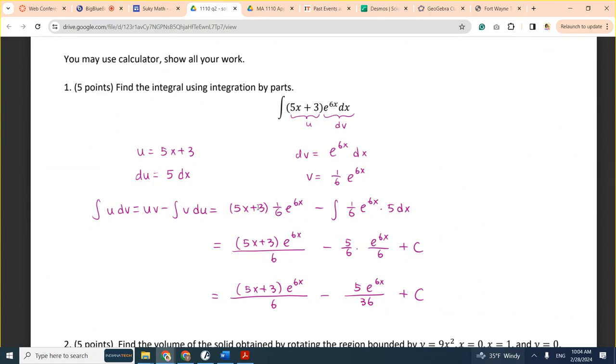So you need the parentheses here, and then minus integral v du. Now you can put a constant multiple, 5/6, in front. The integral of e to the 6x is e to the 6x over 6, and then 6 times 6 is 36.